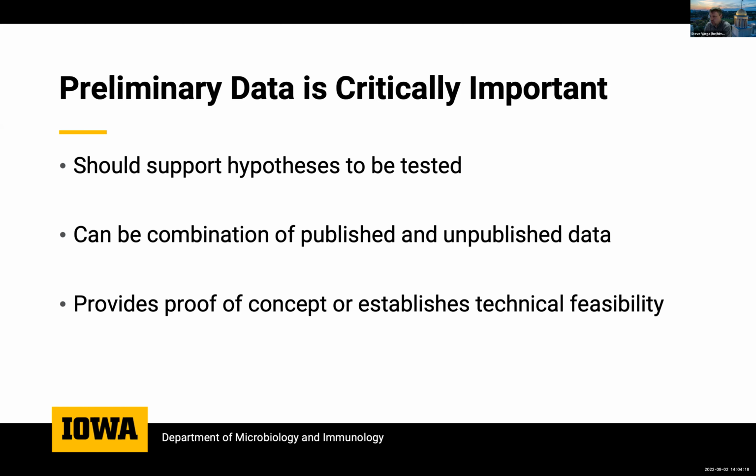If there's a new technique which you've never performed or that's very difficult because it's brand new, then ideally you'll have a key piece of preliminary data to support your ability to do that, or you'll have a collaborator that provides you a letter stating that they will help you with that technique. That's really important to establish feasibility.